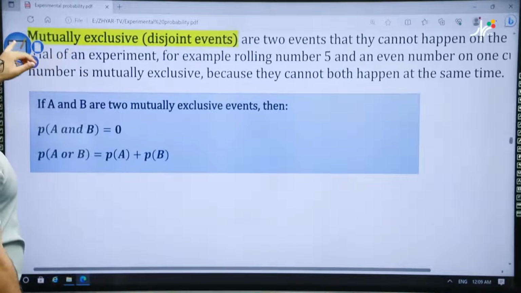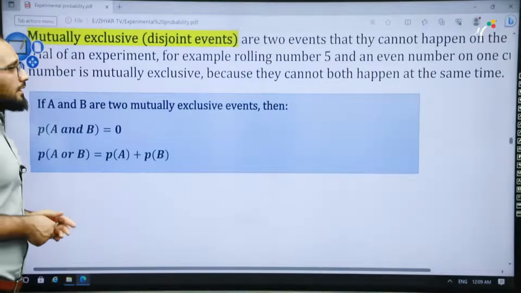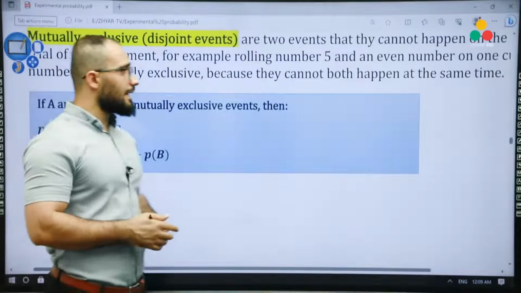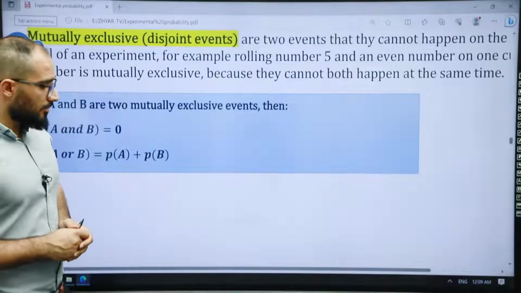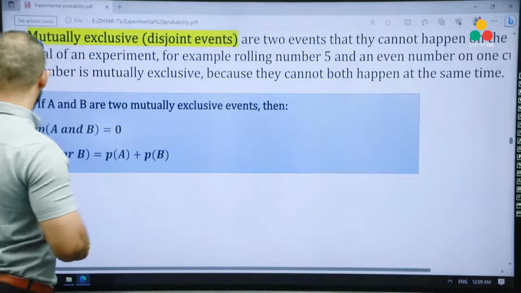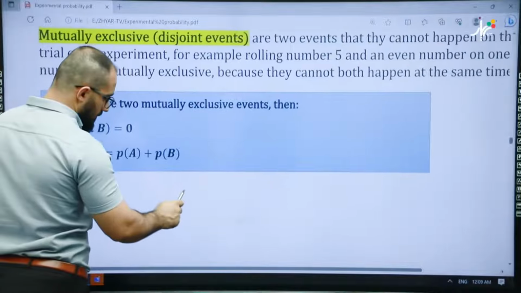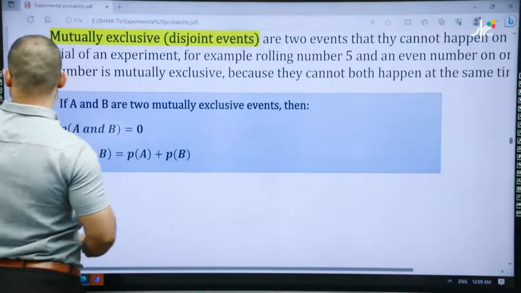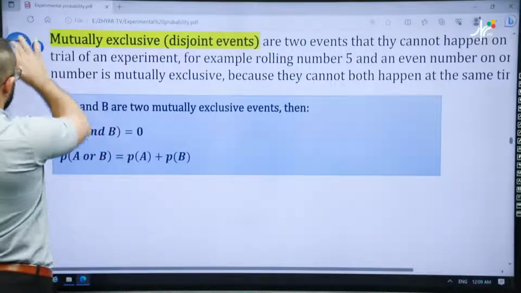Then one last thing that we have is mutually exclusive, or you can say disjoint events. It says they are two events that cannot happen at the same time. For example, let's say you have a coin.